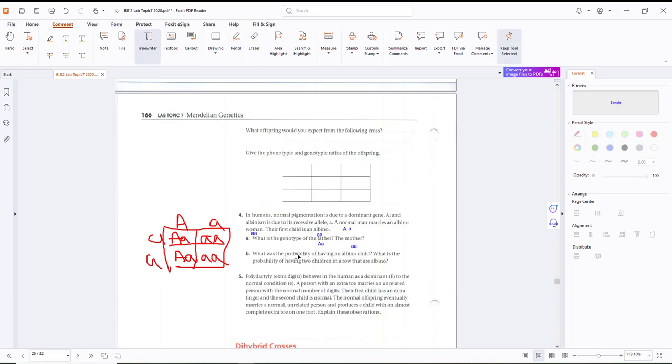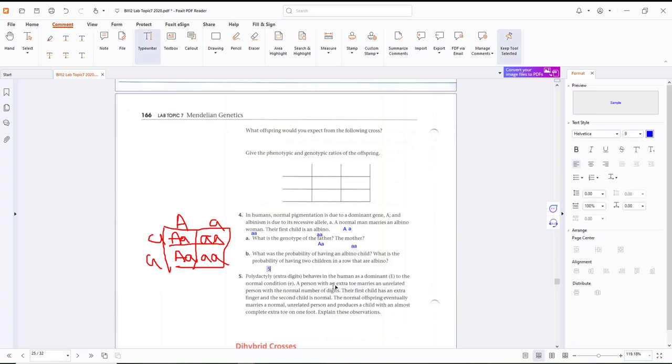So what's the probability of having an albino child? Looks like it's 50%, right? 50%. What is the probability of having 2 children in a row that are albino?